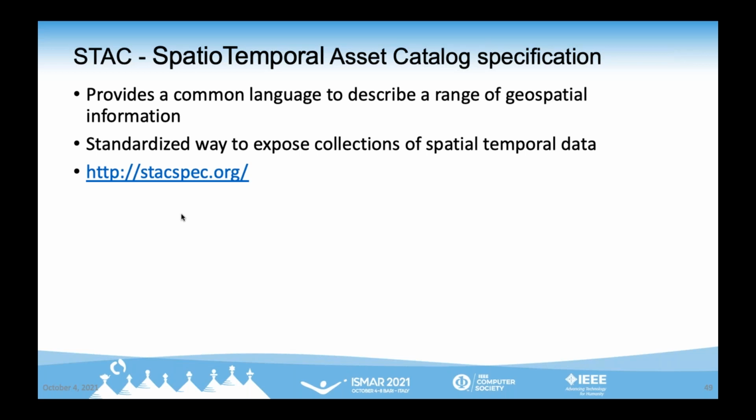And as you can see, the purpose is to provide a common language to describe a range of geospatial information. Sounds like reality, which contains a lot of geospatial information, and it's a way to expose collections. So it's going to be very valuable for discovery of information in the real world.